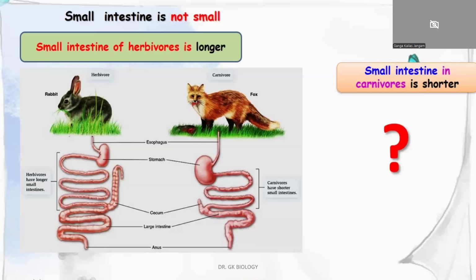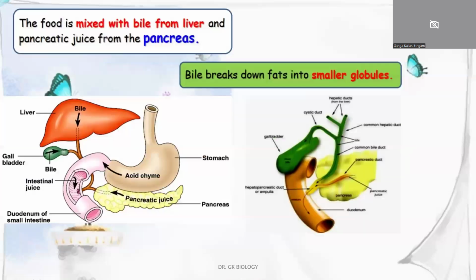That's the reason herbivores have a much longer small intestine compared to carnivores, because carnivores eat meat, which does not have any cellulosic content. The food is mixed with the bile from the liver and pancreatic juice from the pancreas, as we studied in the previous slides.